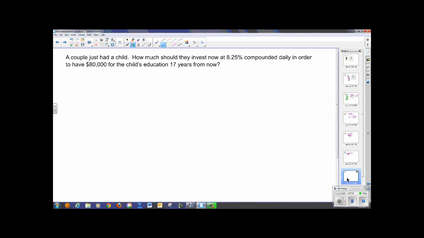Now, next problem. We have an issue where we're investing money and we're compounding daily, and we want to have $80,000 at the end of our investment for 17 years to put some money in a college fund. So the ending amount in this case, first of all, we're going to use A equals P times (1 plus r over n) to the nt.